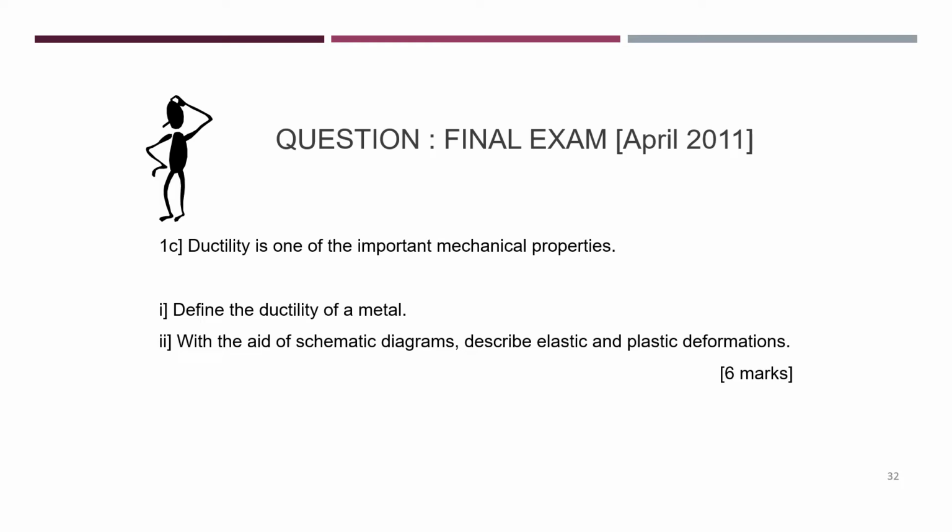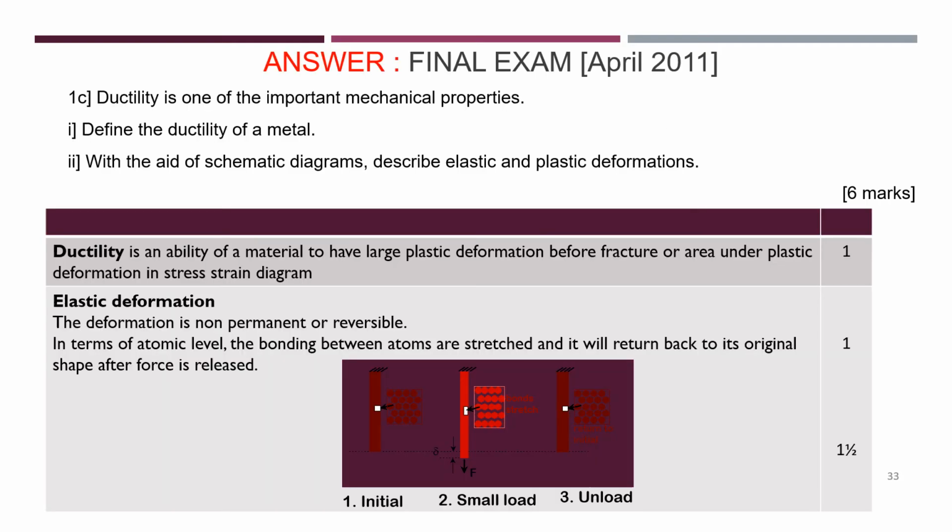This is an example of an examination question that always comes out in the exam. The first one is, ductility is one of the most important mechanical properties. So first, define the ductility of a metal, and second, with the aid of a schematic diagram, describe elasticity, elastic and plastic deformation.